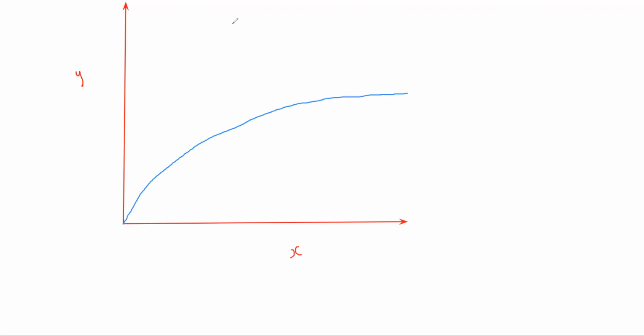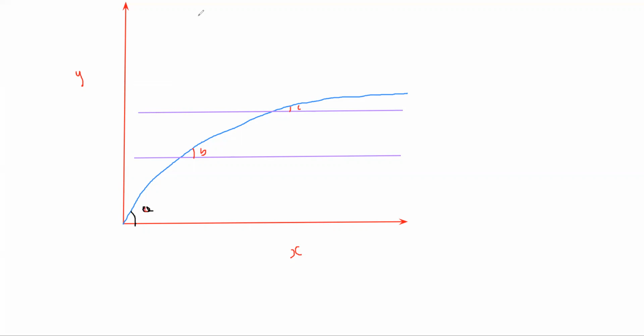So what happened to slope? Slope means angle with x-axis. So when you find the slope, you take this angle first, say angle A, and you take angle B, and you take angle C. So what you will find, you find that the angle is decreasing.